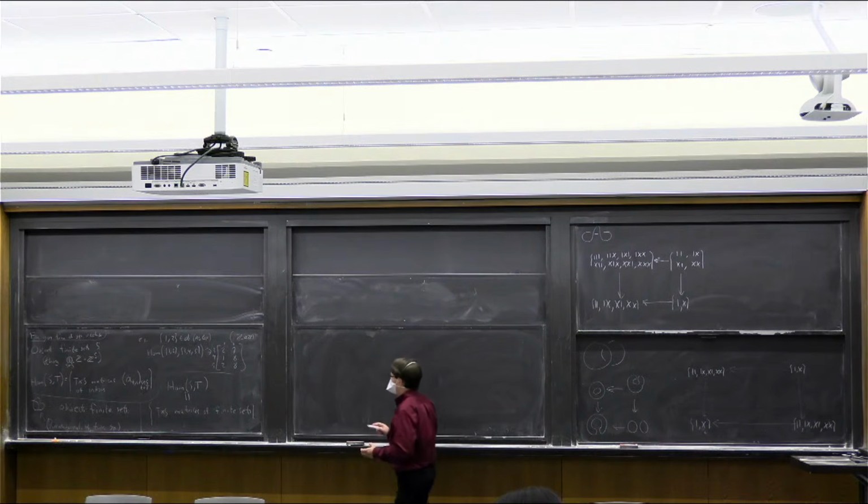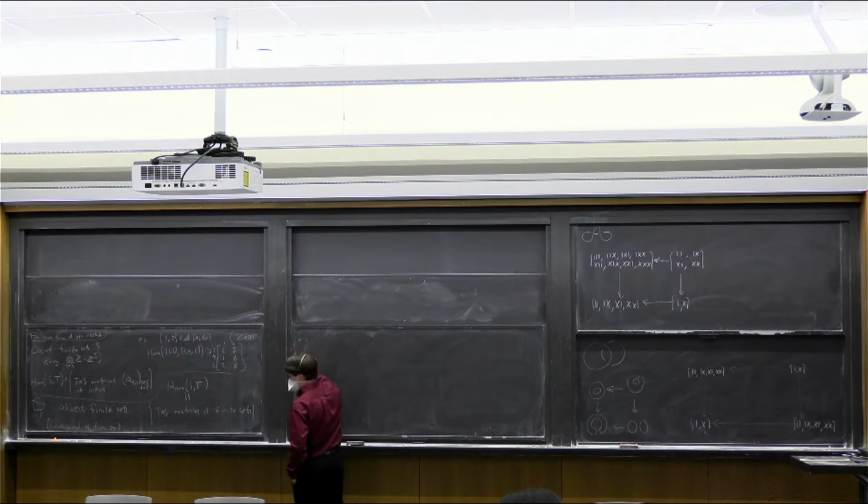So, for example, here is an element of Hom in the Burnside category from {1, 2} to {3, 4, 5}.